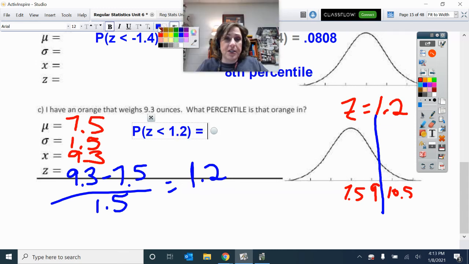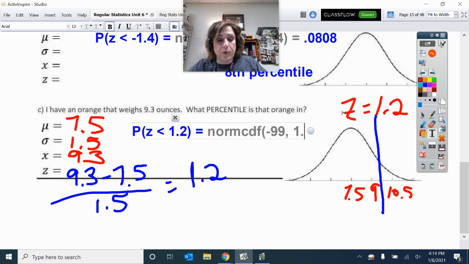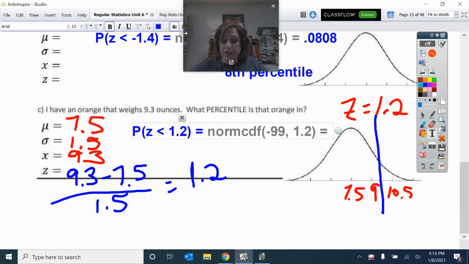Okay. Now I'm going to do it in gray because you don't have to write this down. Norm CDF from negative infinity up to 1.2. And you know what? We already calculated that. It was 0.8849.